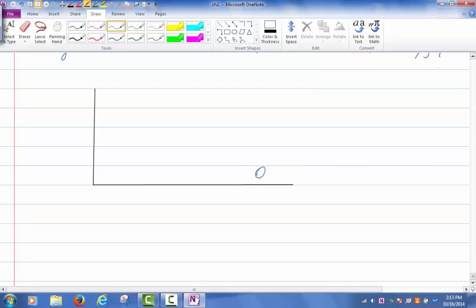And here is the location of the rocket, which looks like a diamond, I guess, or a rectangle.